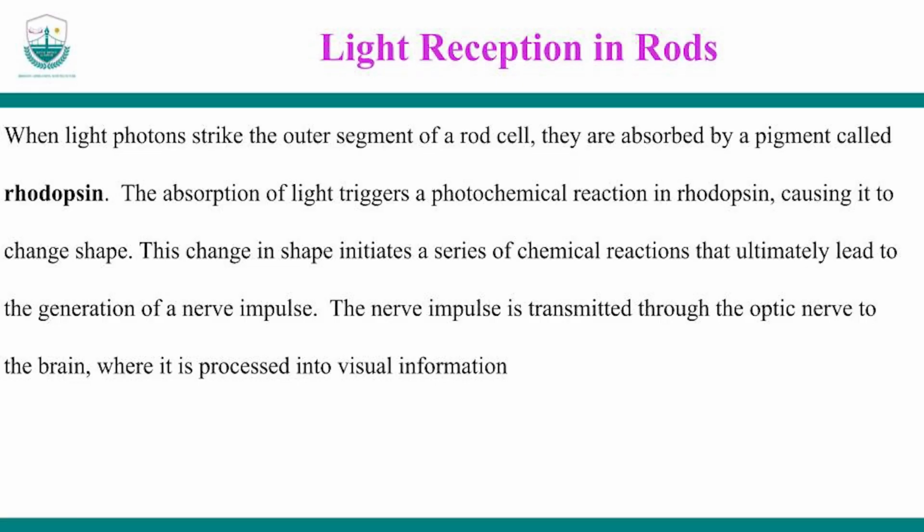Now, when light strikes rhodopsin, rhodopsin actually absorbs that light. That absorption of light causes rhodopsin to change its shape. That change in the shape of rhodopsin is what results in a generator potential, and if the intensity is sufficient, then you have an action potential being fired.